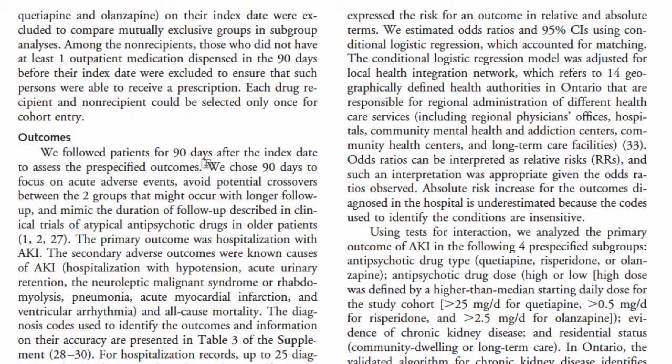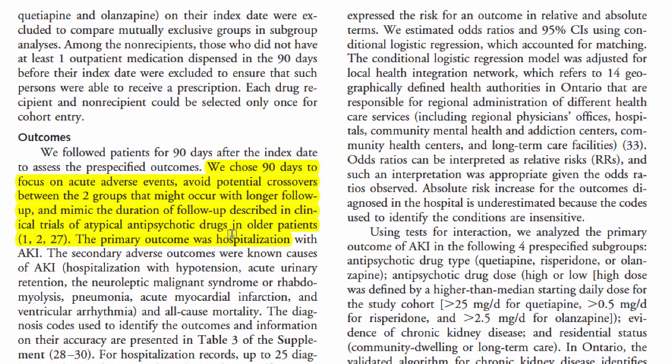The researchers say they chose a 90-day follow-up time period for several reasons. They write, "We chose 90 days to follow on acute adverse events, avoid potential crossovers between the two groups that might occur with longer follow-up, and mimic the duration of follow-up described in clinical trials of atypical antipsychotics in older patients."